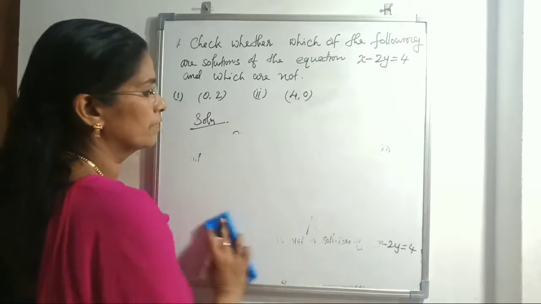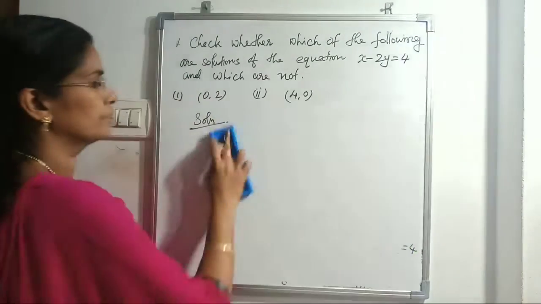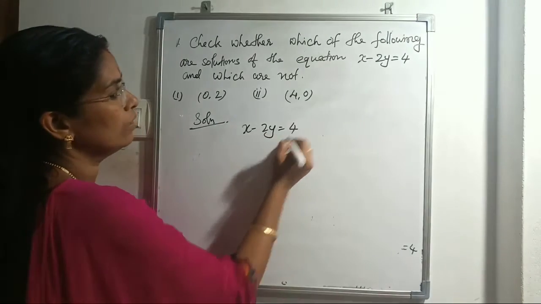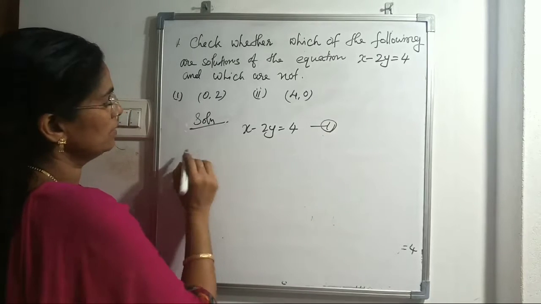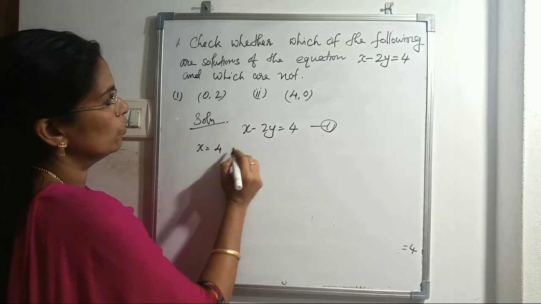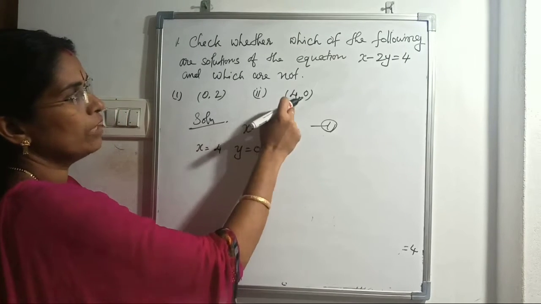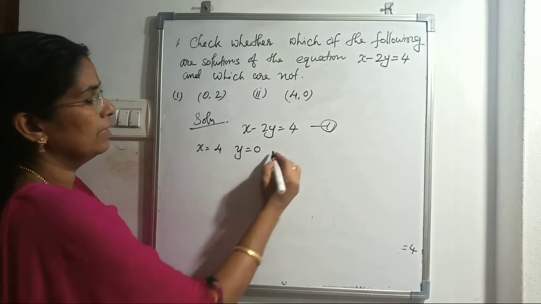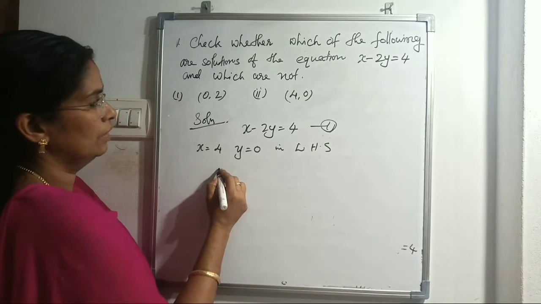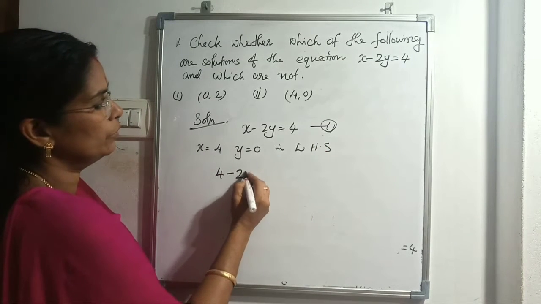Again we are writing the equation x minus 2y equal to 4 and substituting x equal to 4 and y equal to 0. The first value is x. In LHS we have 4 minus 2 into 0.